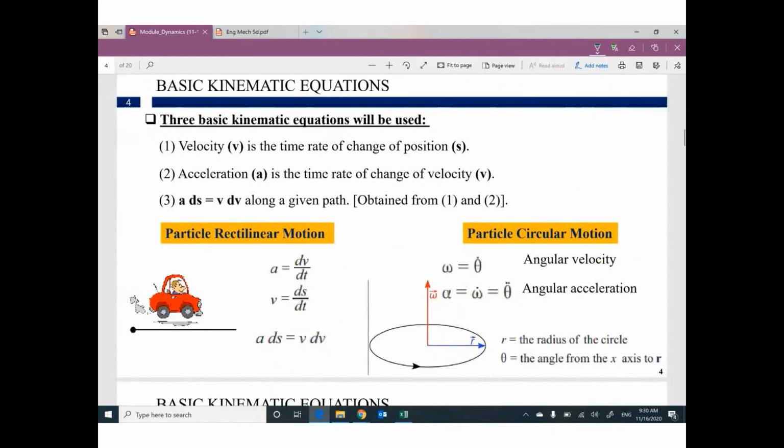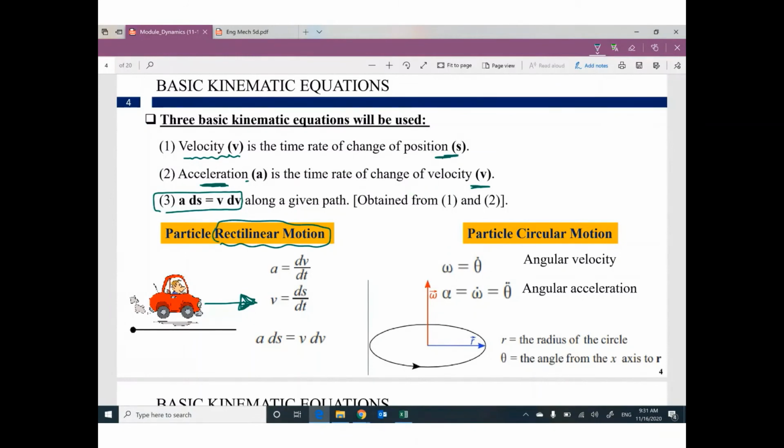We have three basic kinematic equations that will be used. We have velocity, which is the rate of change of position. We have acceleration, which is the time rate of change of velocity. We have a relationship between velocity, acceleration, and position by this expression. Sometimes your motion is in a linear path, which is called rectilinear motion.